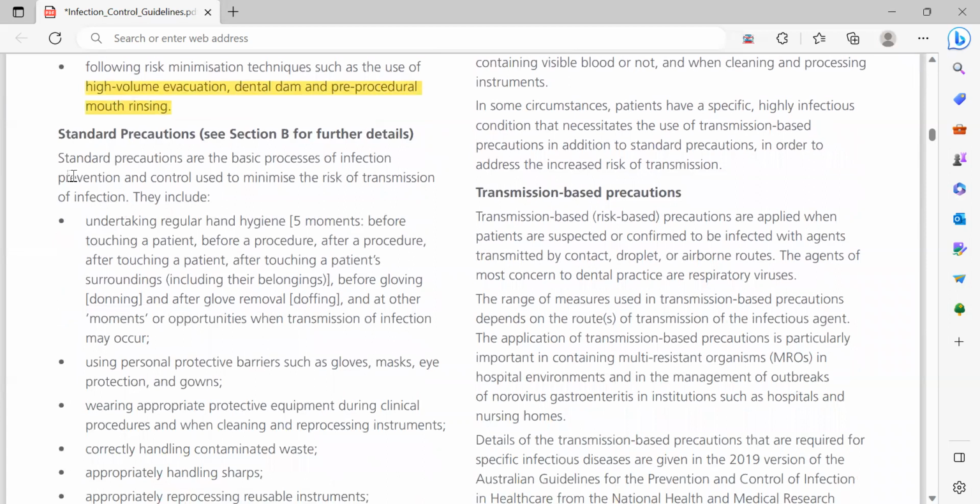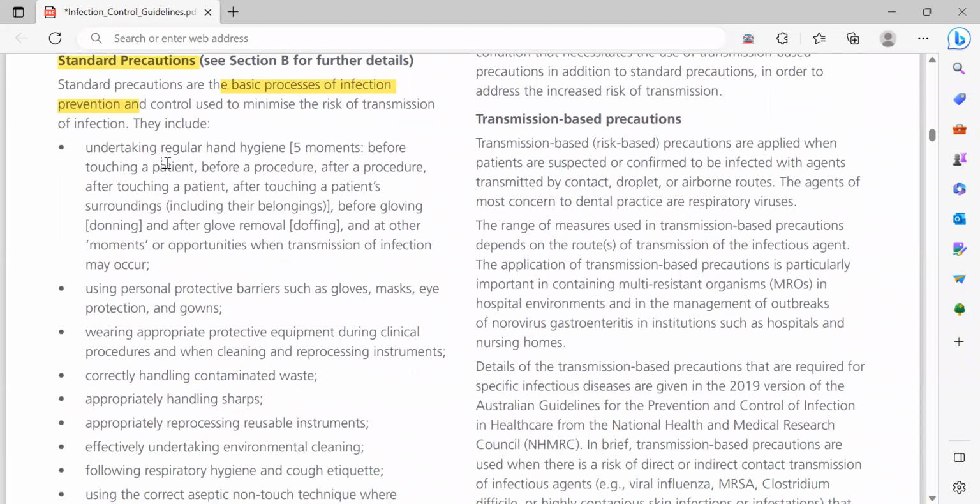The standard precautions are the basic process of infection prevention and control, and they should be followed for each and every individual. It does not matter if he has any disease or not; we should follow these standard precautions for every individual, which include undertaking regular hand hygiene.